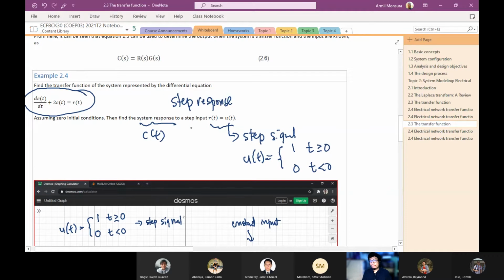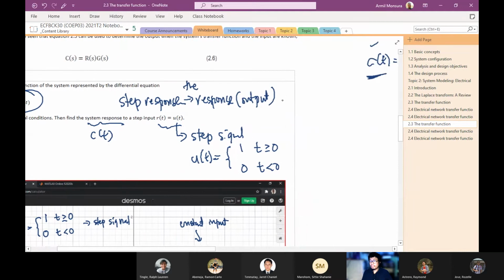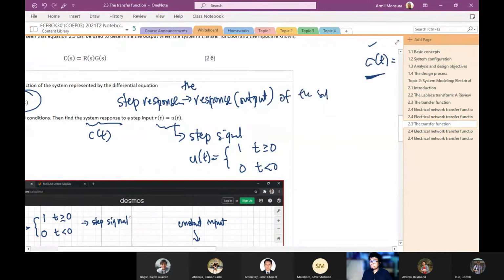Okay? When you say step response, it means the response. And again, when you say response, itong response word itself, it means output. Okay? So the step response is the response or the output of the system for a step input. Okay?